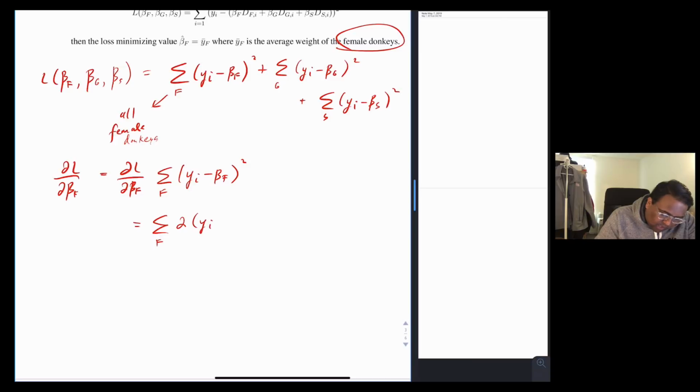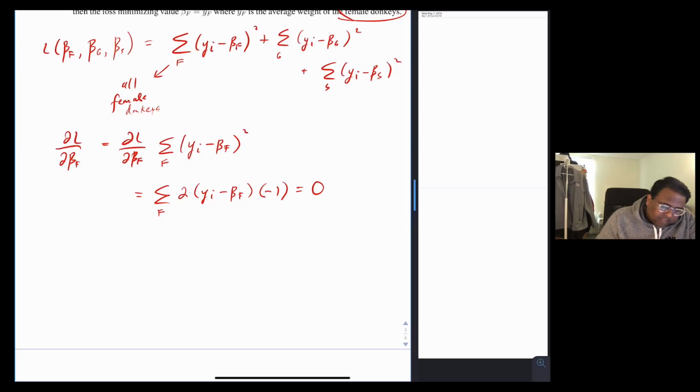So we have 2 times yi minus beta F times -1. And to find the optimal beta hat, what we do is we take the derivative, set it equal to 0, and solve for the beta. So we can divide by -2, and we're given that the sum over F, or F being the female donkeys, of yi minus beta F is 0.